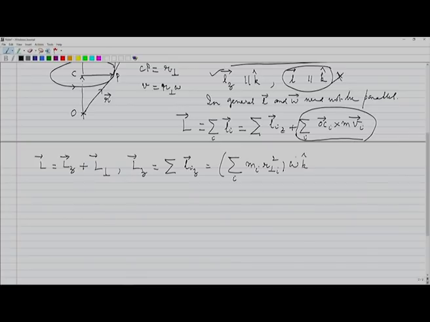Omega is the same for every mass at every point, therefore omega can be taken out.